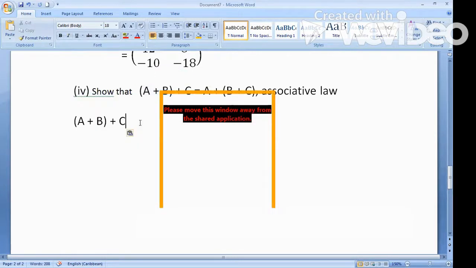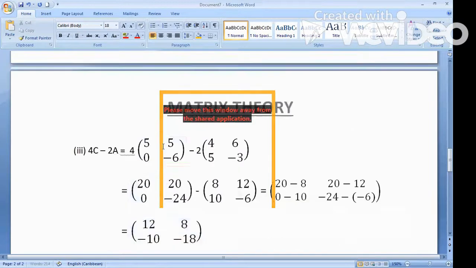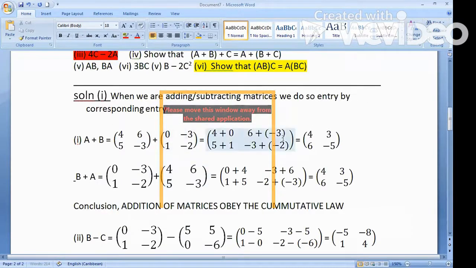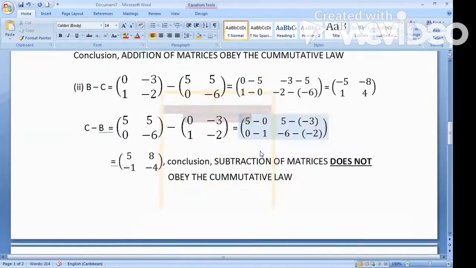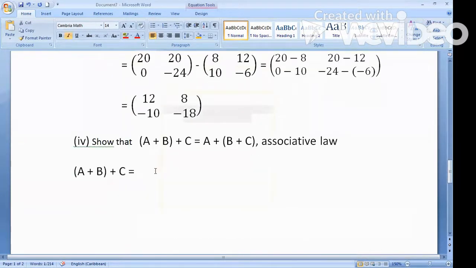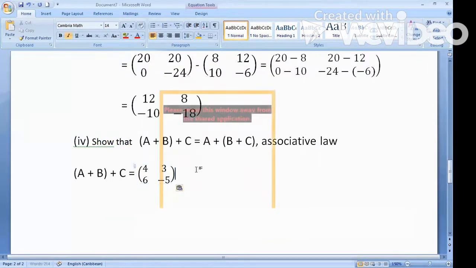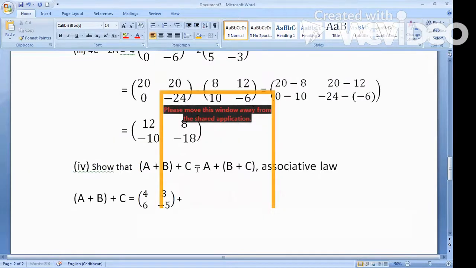This box here is just getting to me. So A plus B, and then what I'm going to do now is add C to it, don't you?